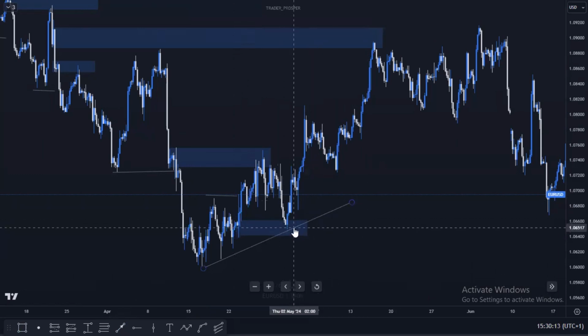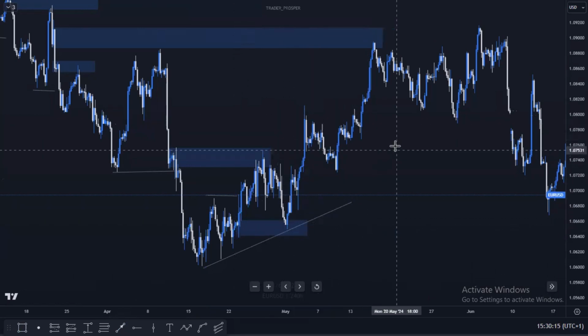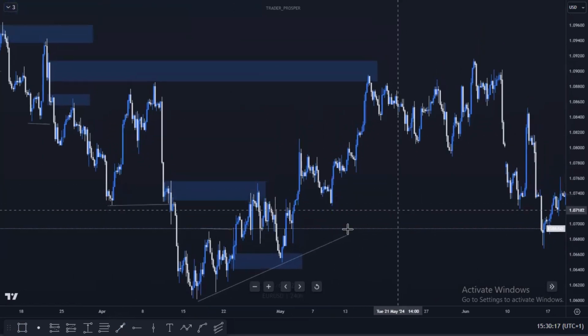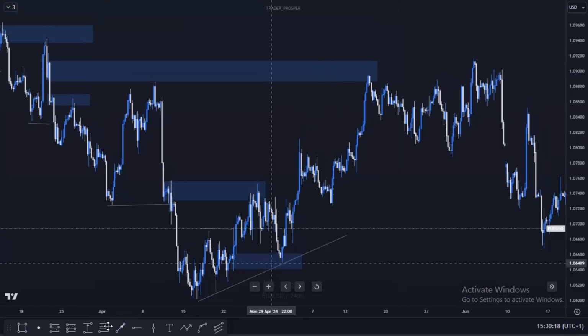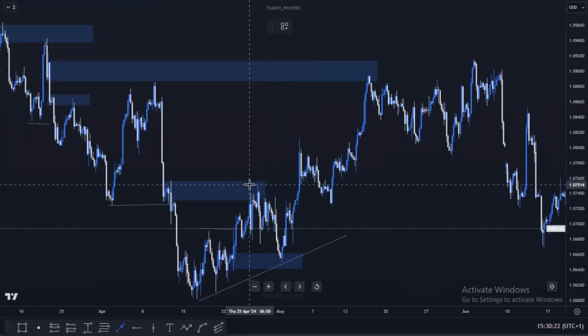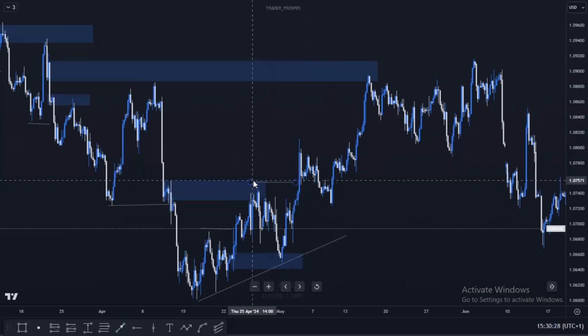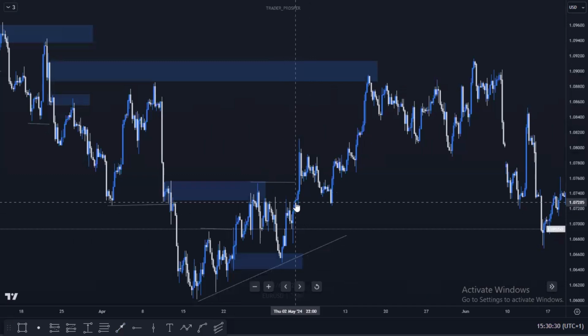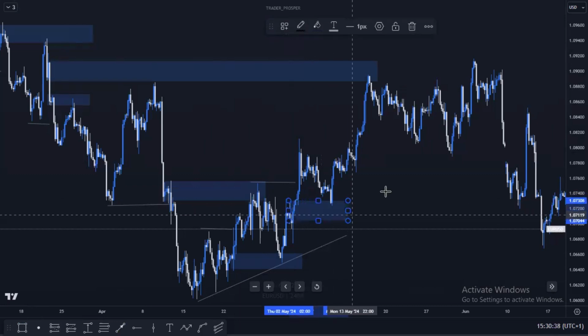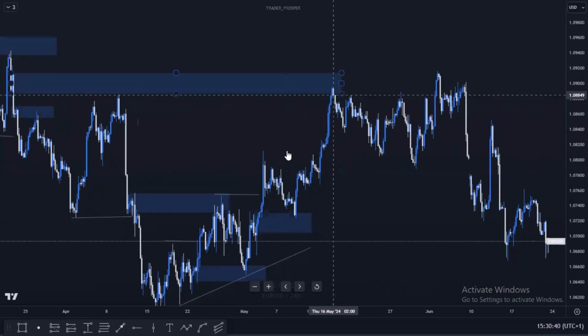When price got into the demand zone, it just pushed back upward. Again at this point, there was an impulsive move that caused this break of structure, and this was our demand zone that price used to push back upward and continue this trend.